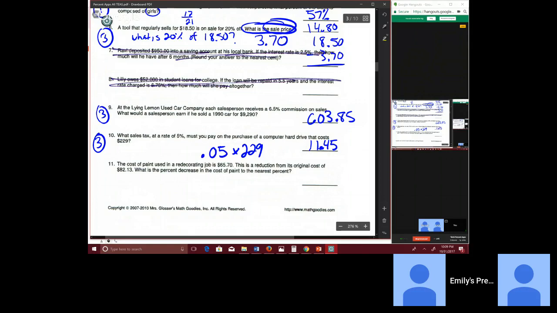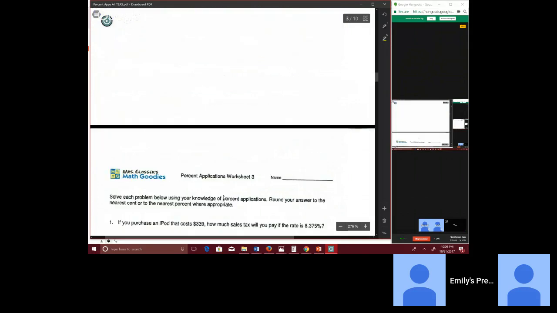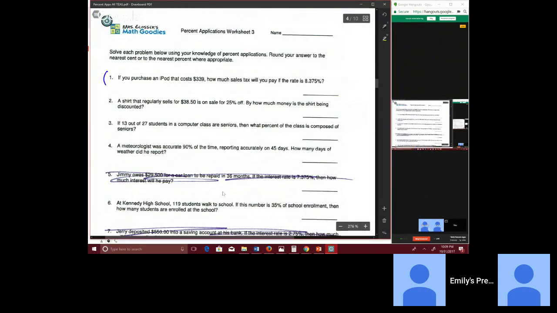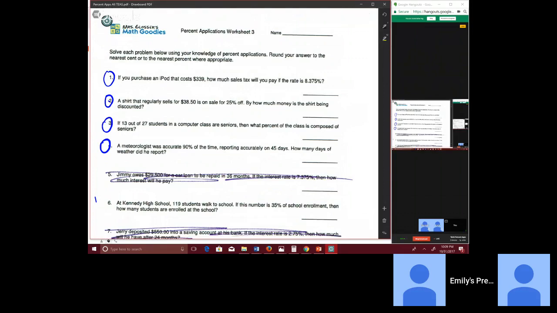The last question on here is a scenario 4. What I'm going to do next is give you a chance to take anything you might have just perfected a little bit and apply it to number 1, 2, 3, and 4 on the next page. It won't take us very long to go through scenario 4. It'll just take us a minute. So I'm going to give you about 5 minutes to do 1, 2, 3, and 4 on the very next page.